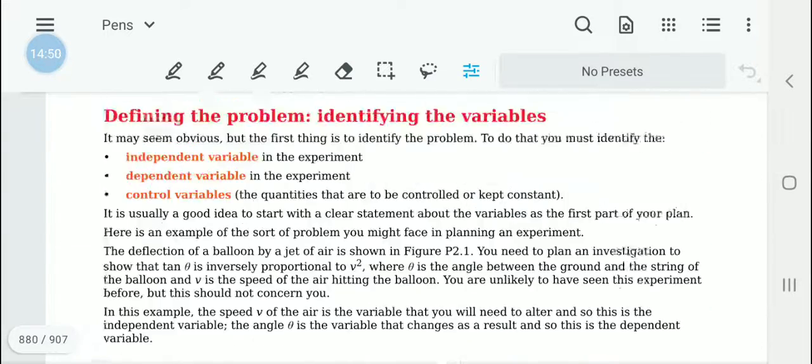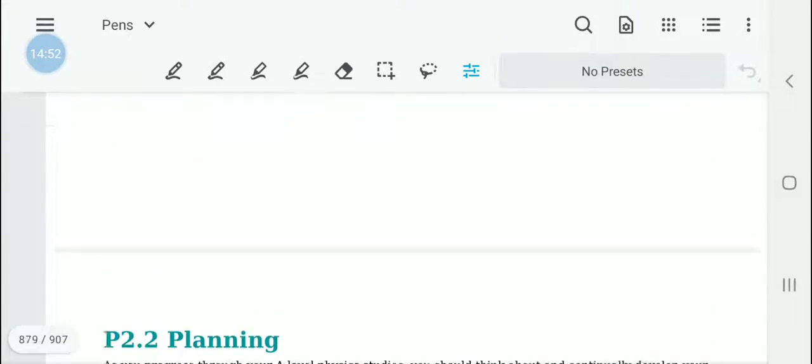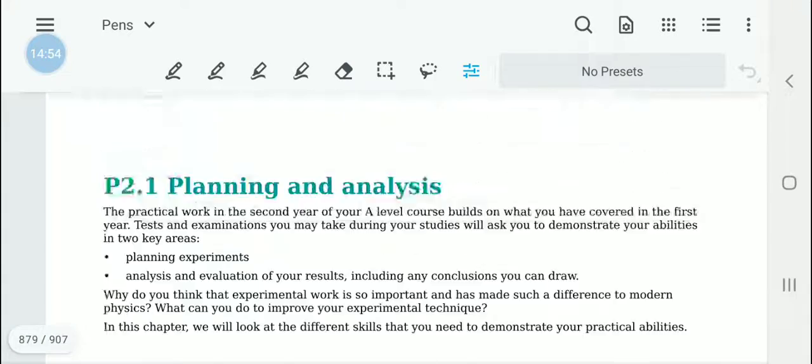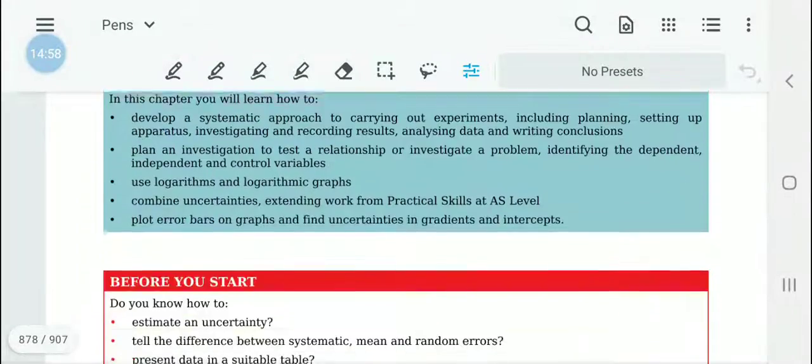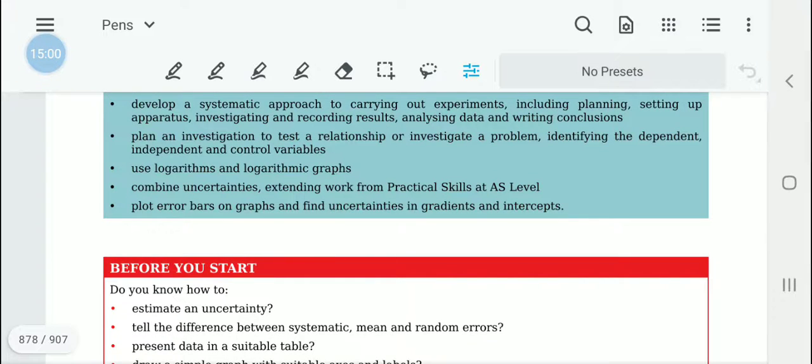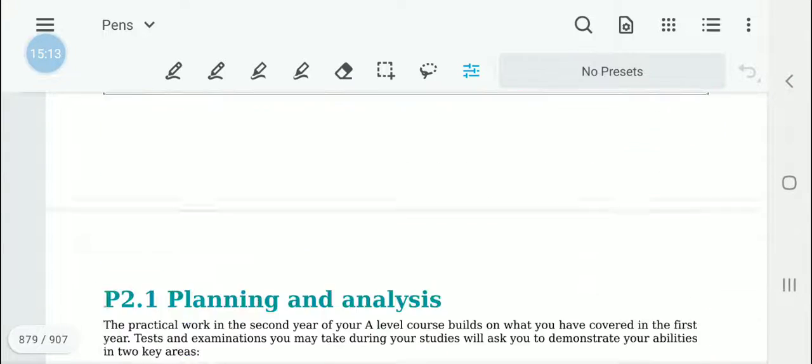But before that, let's write down a note on this. An experiment involves planning, setting up of apparatus, investigating and recording results, analyzing data, and writing conclusions.